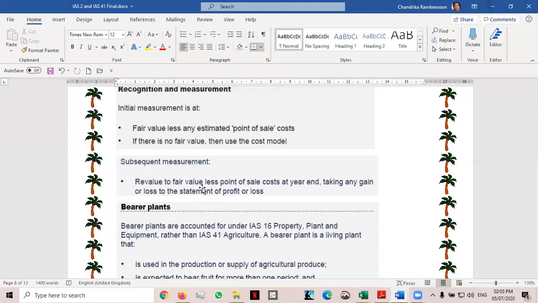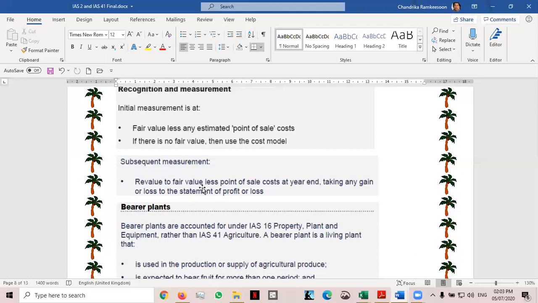What you see in here is that any revaluation which takes place at the end of the year, the effect of it must go to P&L. Now we saw with the revaluation account that balances would actually be contained in the statement of other comprehensive income, as shown on the statement of changes in equity and on the balance sheet.